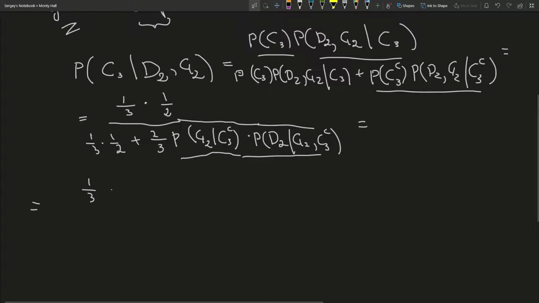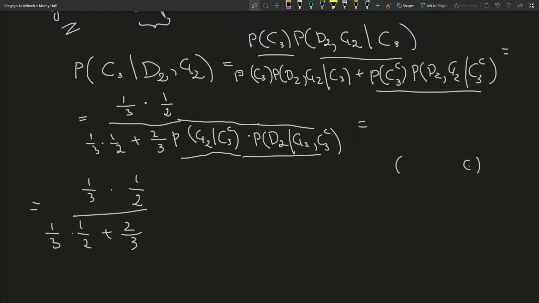So now we have 1 over 3 times 1 over 2 in the numerator over 1 over 3 times 1 over 2 plus 2/3. Now, what is the probability that there is a goat behind door 2, given that door 3 doesn't contain a car? Well, let's look at our possibilities. Door 3 could contain the goat, and then we could have car, computer, or goat, computer, car, or door 3 could contain the computer.